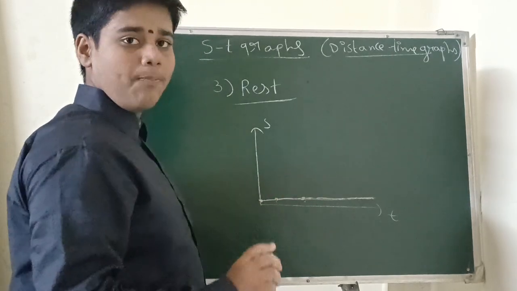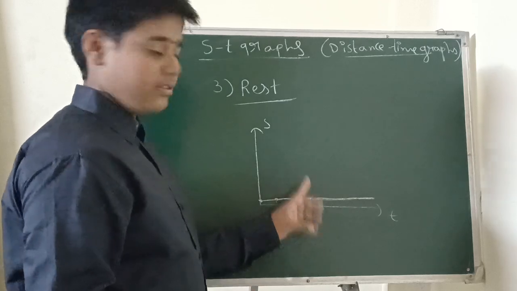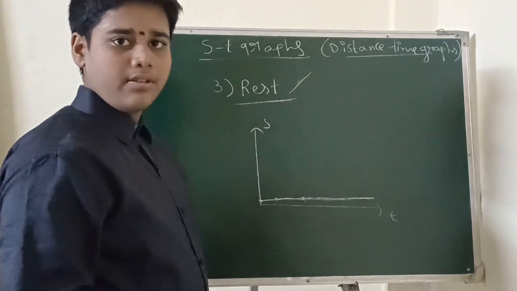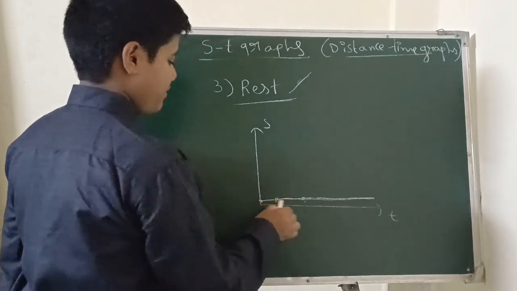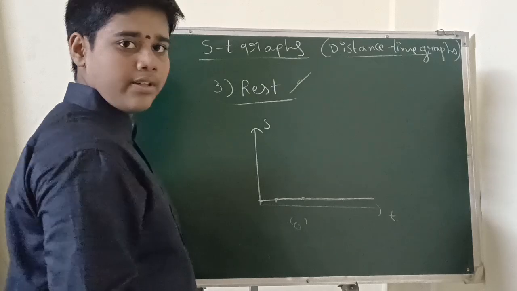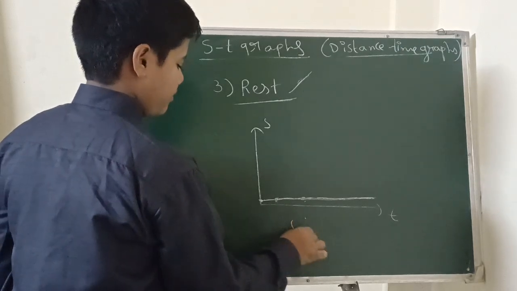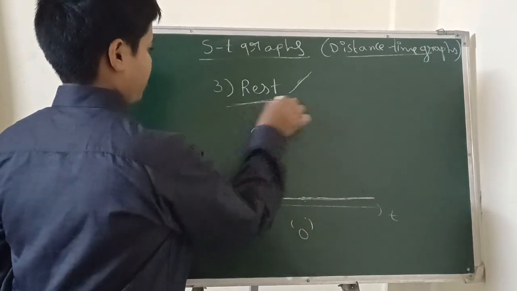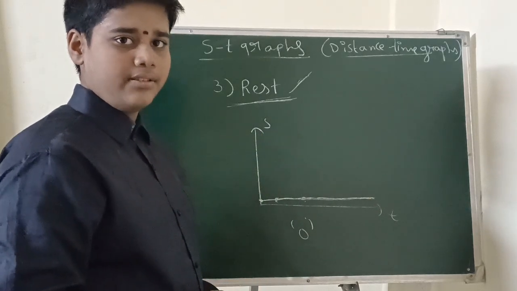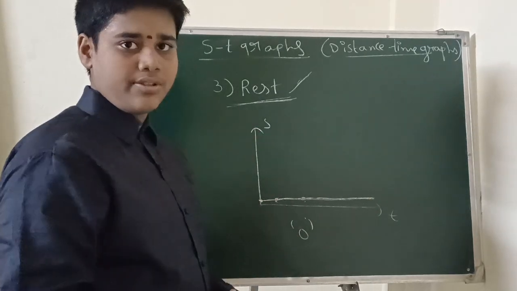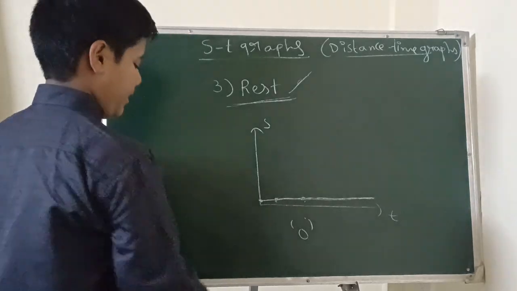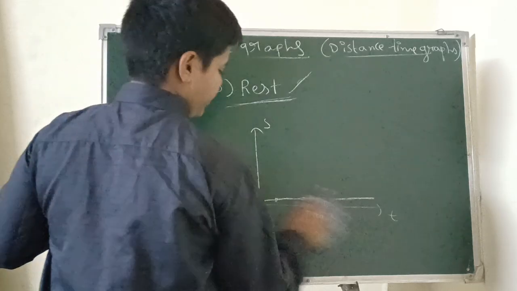If 0 is the slope from this point to this point, this graph represents rest motion. If slope is constant and that constant is 0, we can say this graph is in rest motion. So these are the three distance-time graphs.